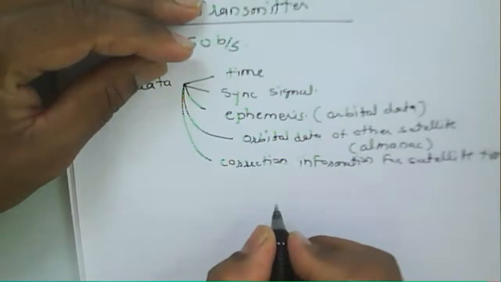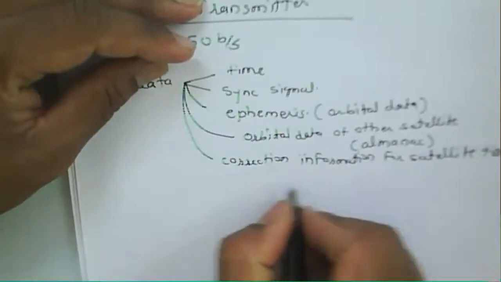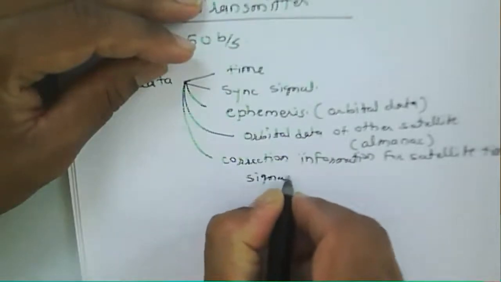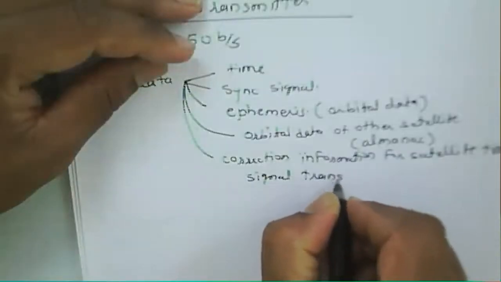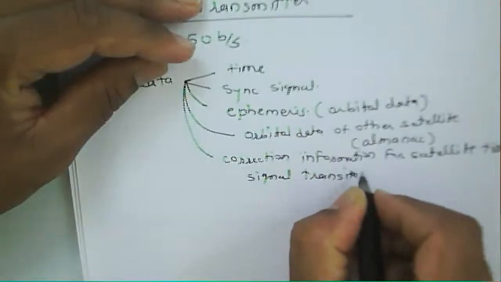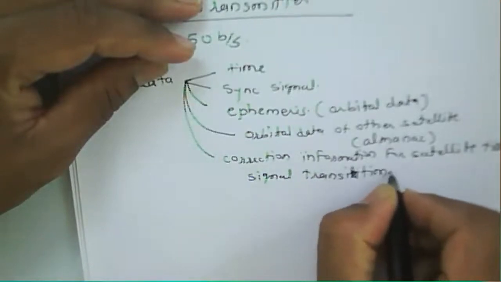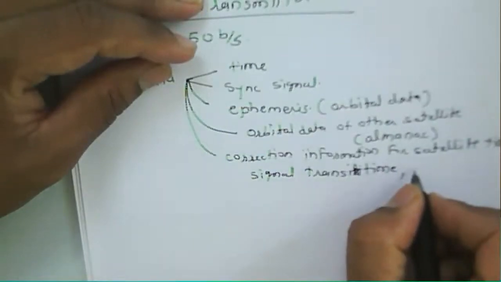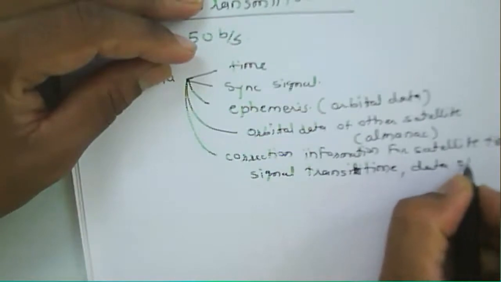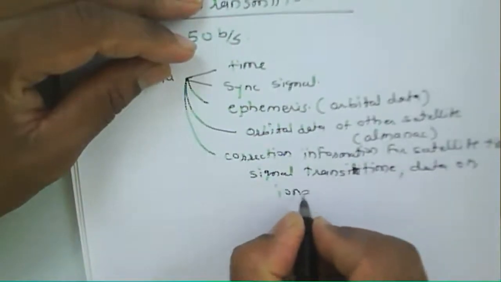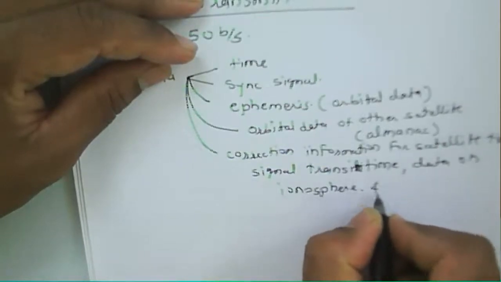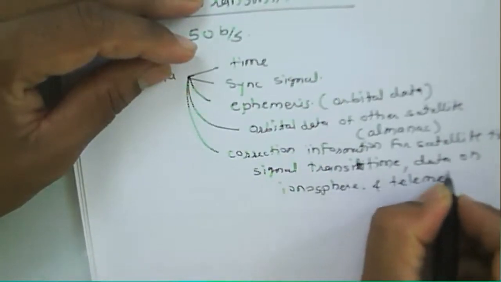For the satellite time, then the signal transit time, and you can say data on the ionosphere and telemetry data.